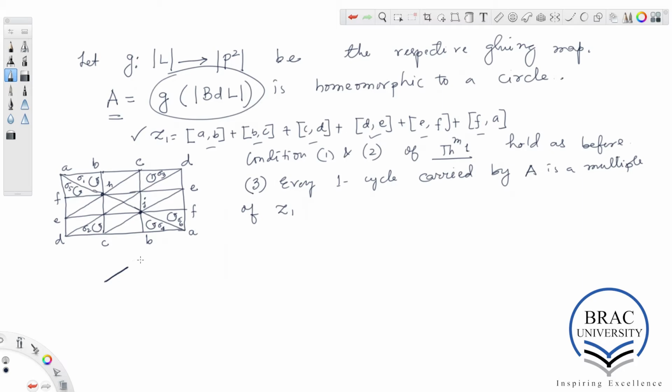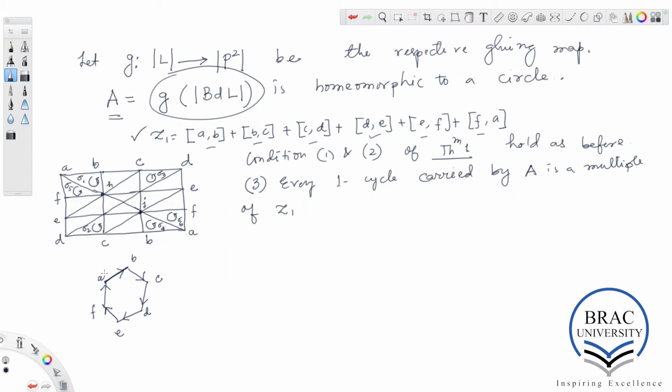It's a one-dimensional complex. A, B, C, D, E, F. So look at these vertices A, B, C, D, E, F, and then A. So back to A here.